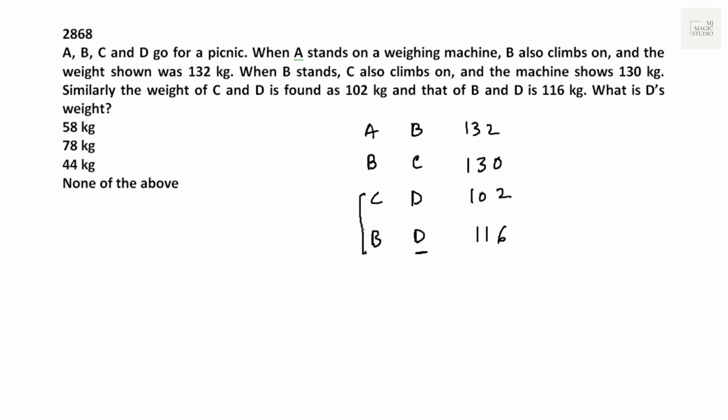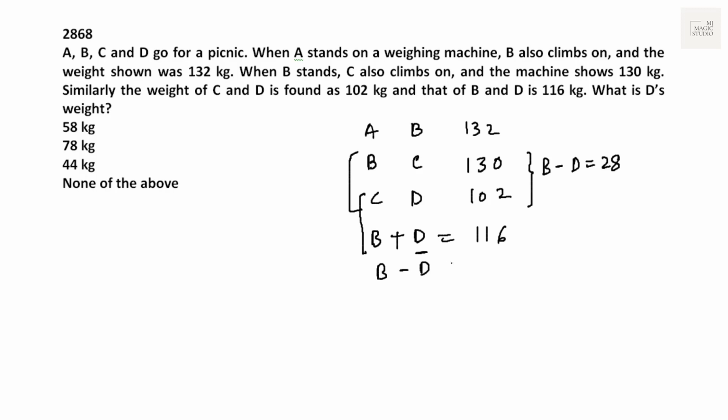We can make use of these, eliminating BC. Only these three would be required. If I deduct B plus D and C plus D, I get B minus C, but I need D, so let me deduct these two differently. Then B minus D is 28 and B plus D is 116.